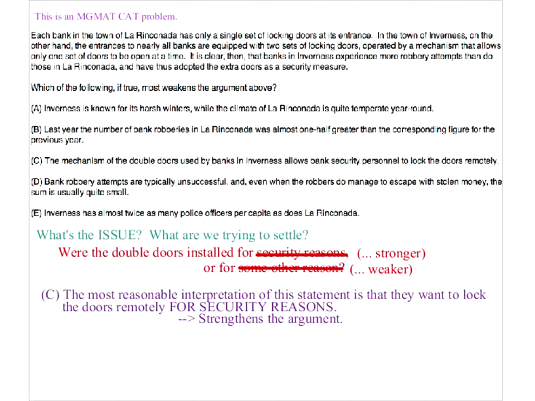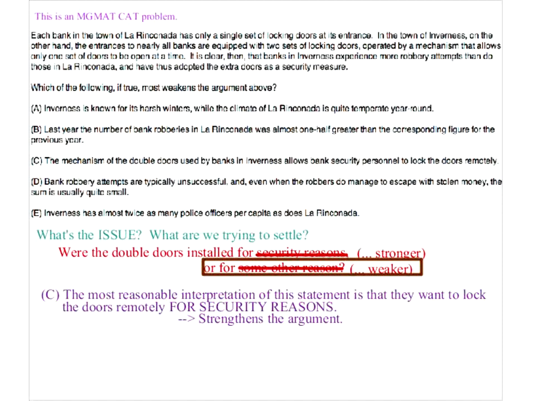What we need is to weaken the argument. We need something that is another reason, a different reason, why they would want to install the double doors that has absolutely no connection to security issues.